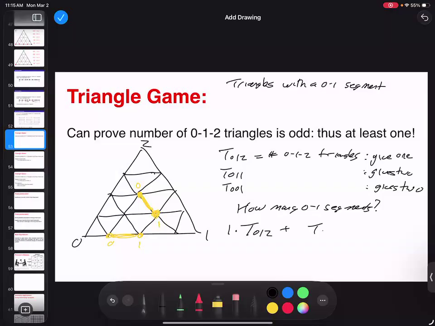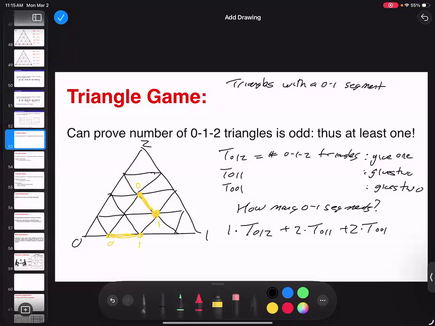A triangle labeled 0, 1, 1 gives 2. And a triangle labeled 0, 0, 1 gives 2. Does this count how many 0, 1 segments I have? No. Why not? They could be sharing a 0, 1 segment. Yes, any interior one is counted twice.